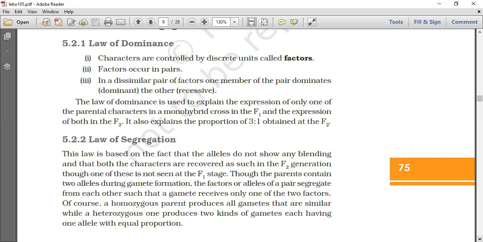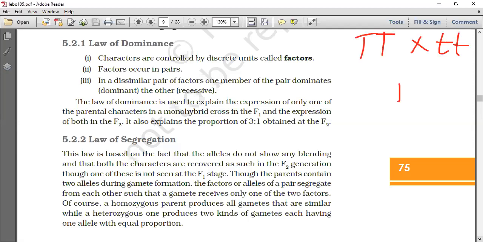The law of dominance is used to explain the expression of only one of the parental characters in a monohybrid cross in F1 and the expression of both in F2. It also explains the proportion of 3:1 obtained at F2. Let me do it again.